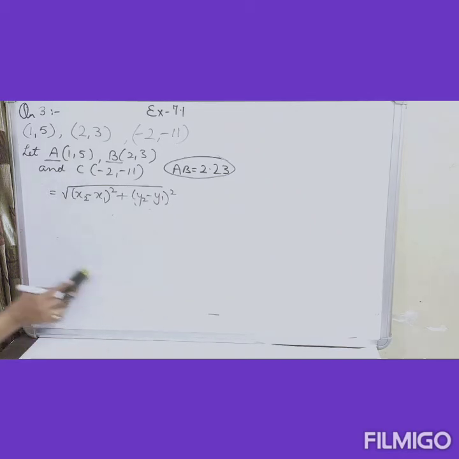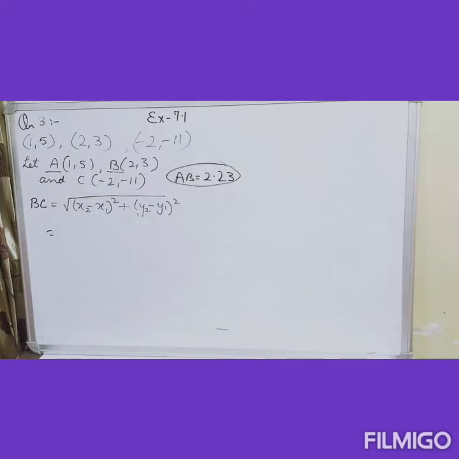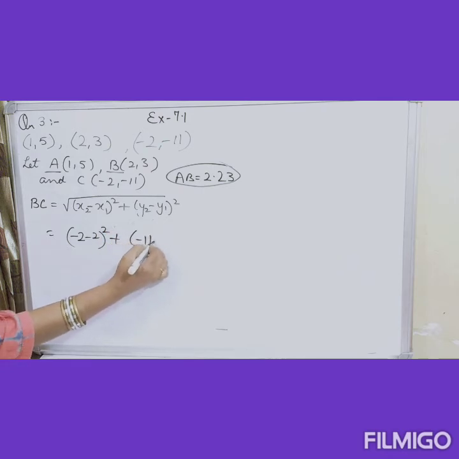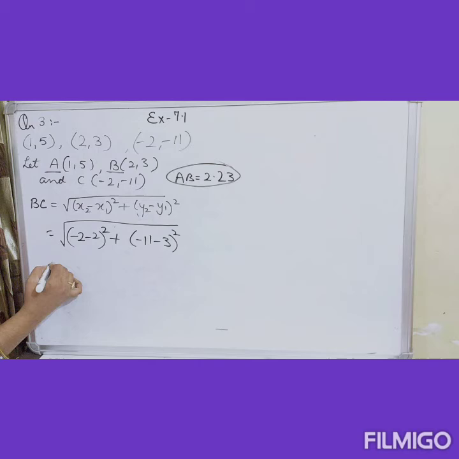For finding BC, again we have to use the same formula, taking the 2 points B and C. Now x1 y1, x2 y2. Apply this formula: x2 minus x1, that means minus 2 whole square, plus y2 minus y1, that means 11 minus 3 whole square, under the root.